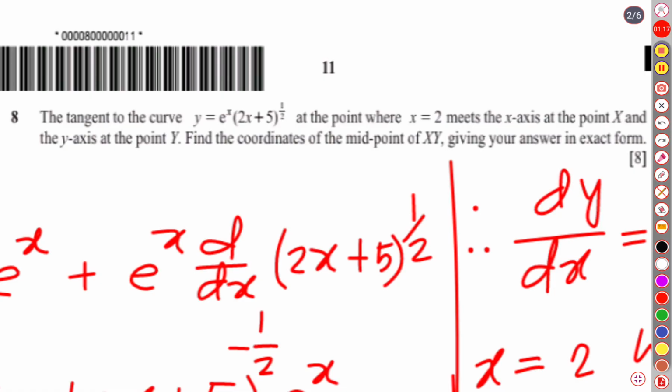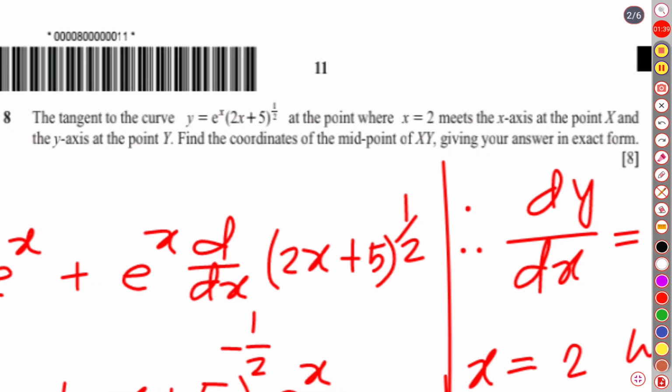Actually, the question is very abstract, so apparently it seems to be very complicated. It will be very easy and convenient for us if we can sketch the scenario. So look at this, there is a curve. Let's sketch the curve.